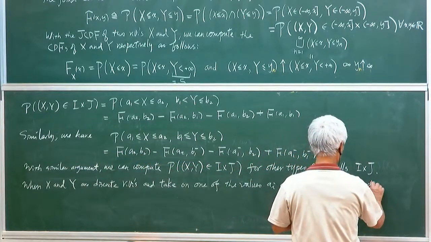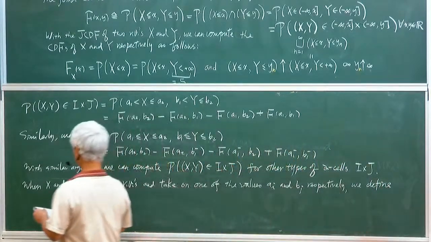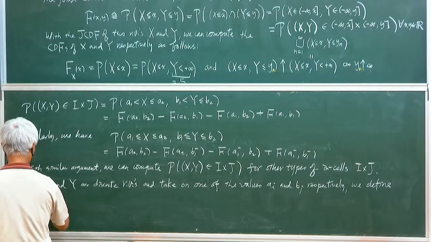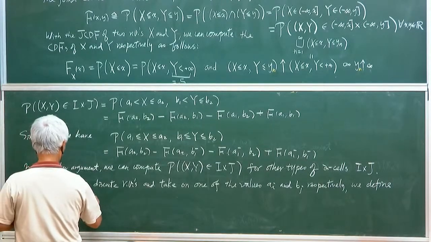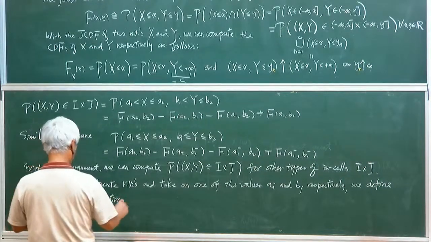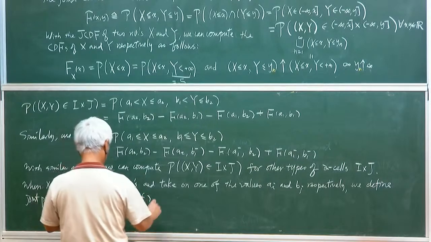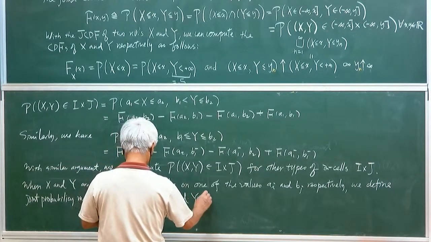We define the joint probability mass function, abbreviated as JPMF, of x and y as here.